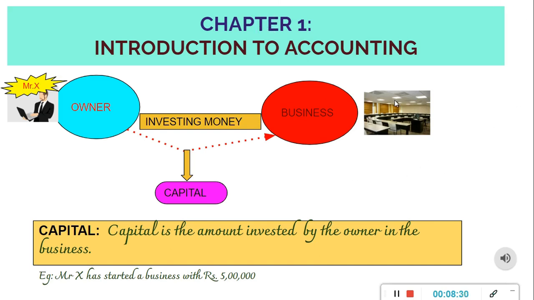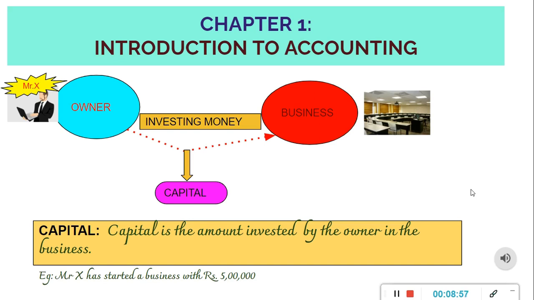It may be cash, or it may be other things. So we have completed our first point, that is capital. Clear? Capital is the amount invested by the owner in the business.